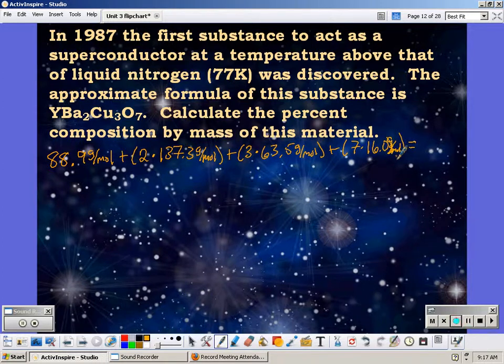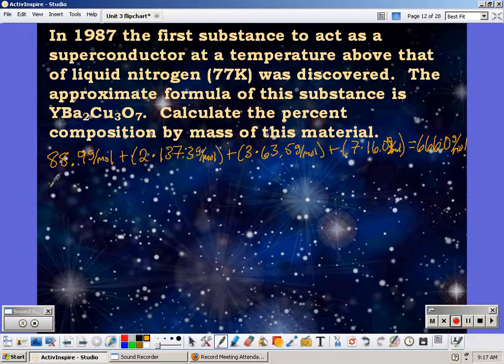And we're going to add that all together. And we happen to get 666 grams per mole. Make sure that you have a unit with your number.